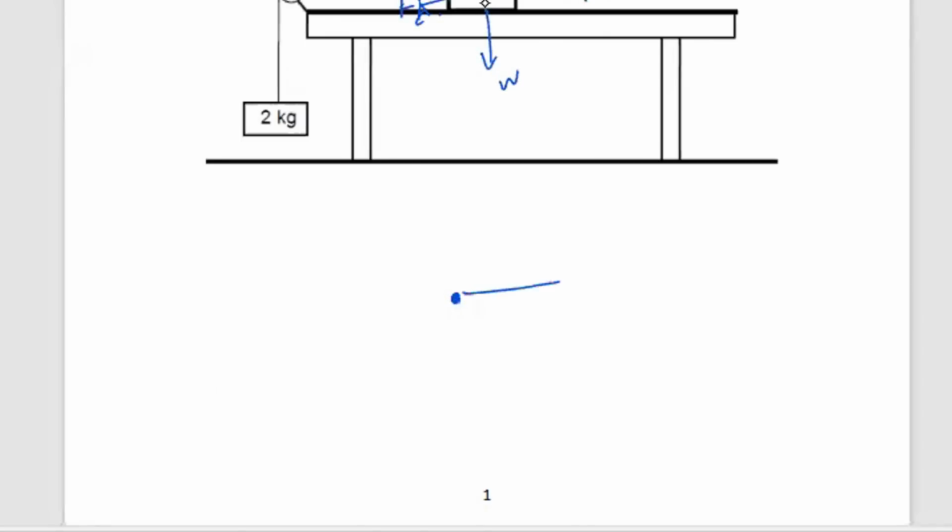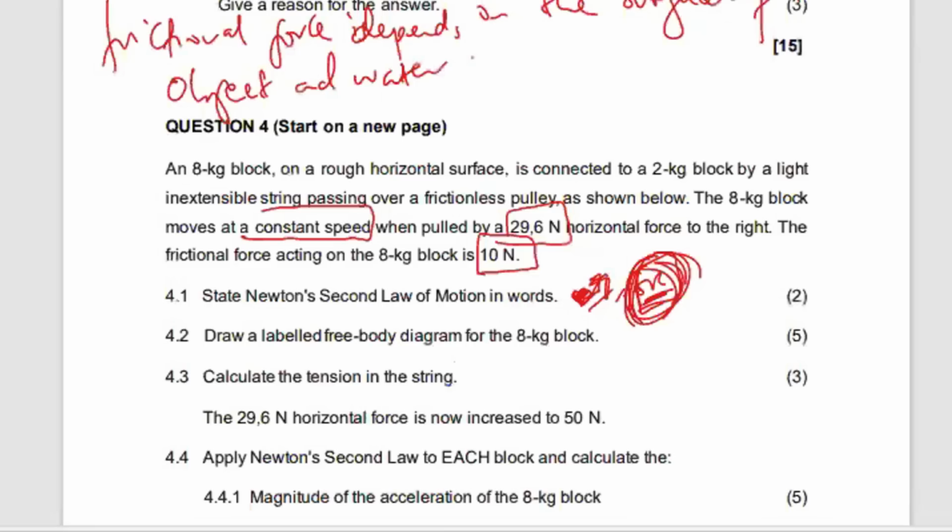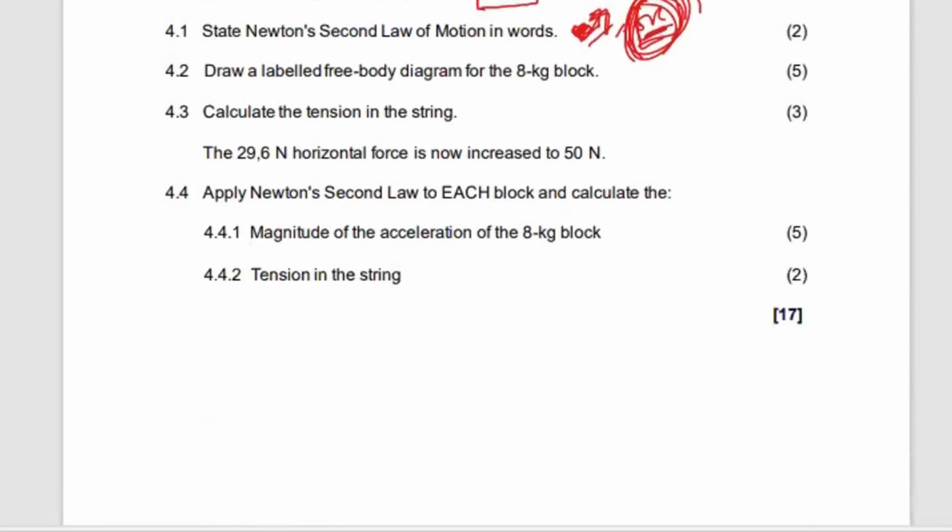So the free body diagram is going to have Fa, this is Fw or Fg, this is Fn, the tension, and the friction. So 5 forces for 5 marks. Then they want us to get the tension within the string for 3 marks.